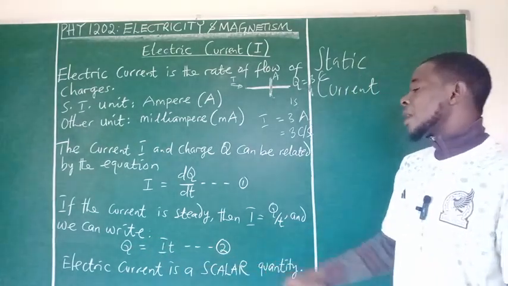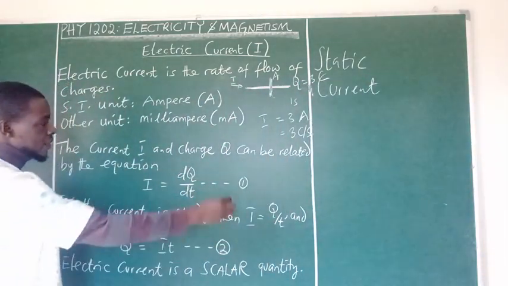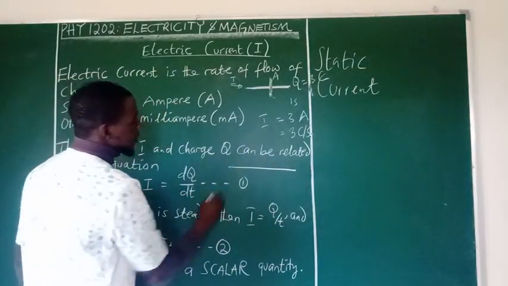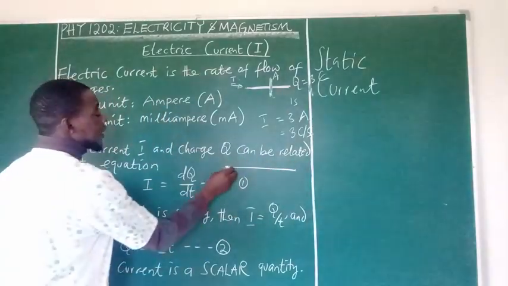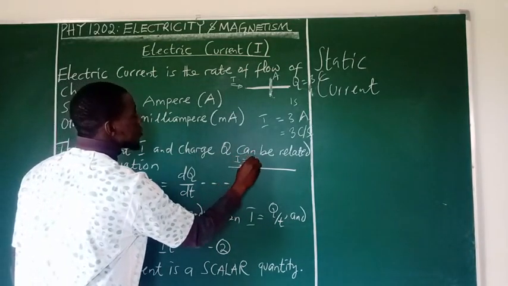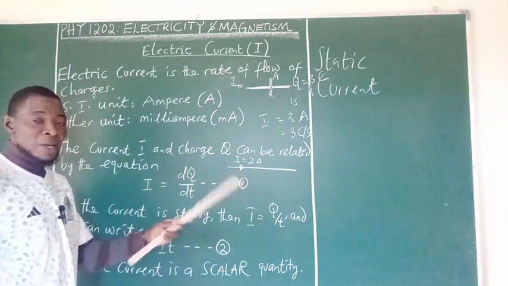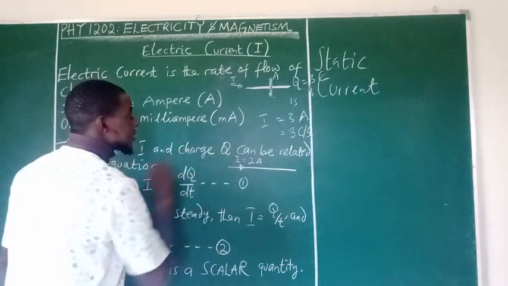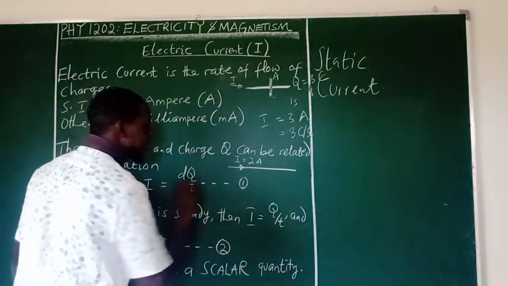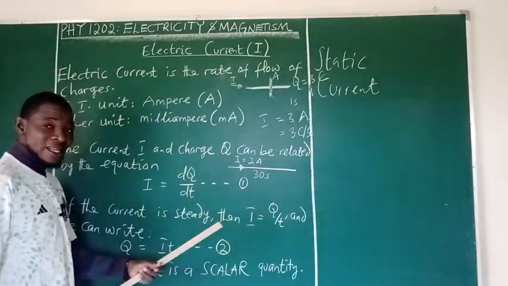You see that? It means that if, for example, I have a conductor, let's say this is a conductor, no matter how long, and the current passing through this conductor I is 2 amperes, and this current passes through this conductor for 30 seconds.